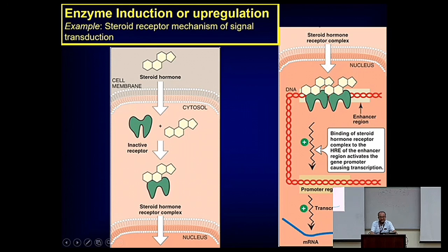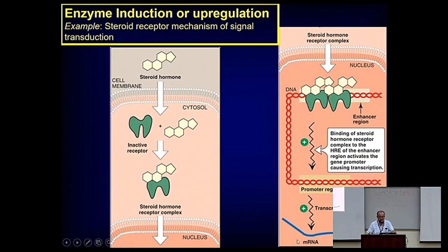It is going to find a specific gene. Here's the gene, the DNA, and that complex will bind to a specific region in that gene designated enhancer region. When this complex binds to that region, it activates the promoter region of that gene, which results in increased transcription of that gene.